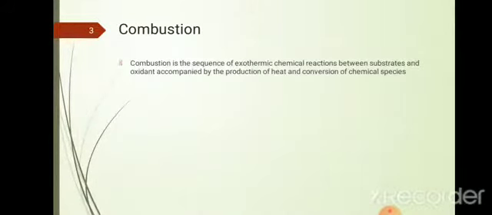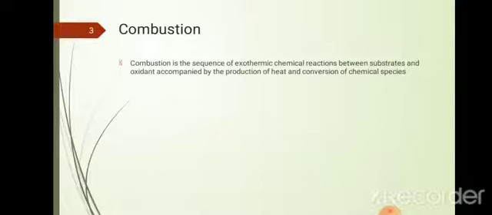So what is combustion? Combustion is an exothermic chemical reaction between the substrate and an oxidant. If combustion is happening, we require a minimum of two reactants. One is our biomass or any fuel, in this case biomass, and we require an oxidant.